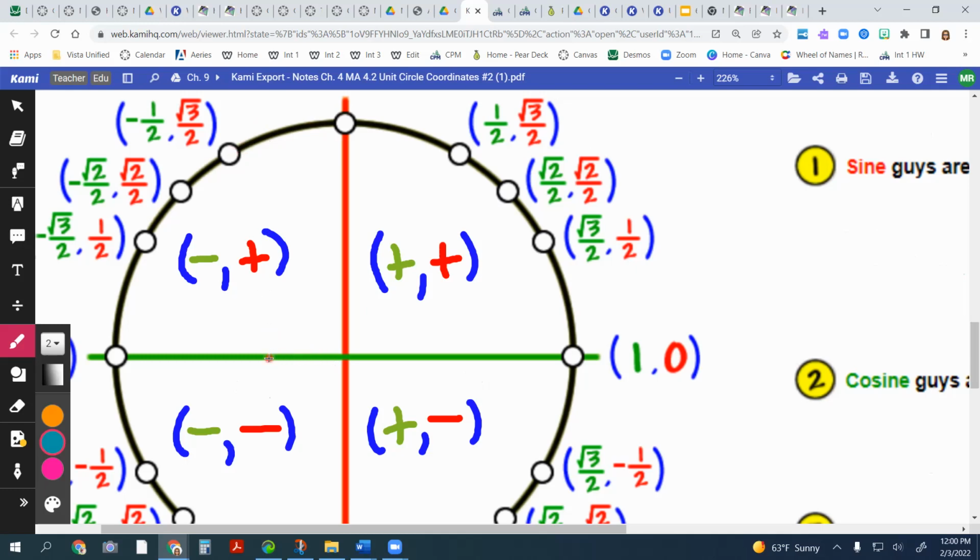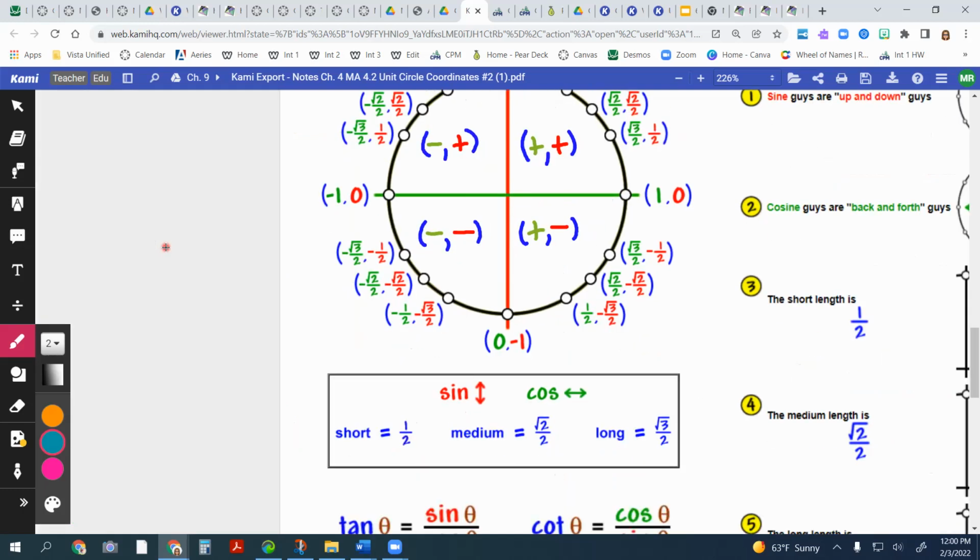I'm moving short, comma, long. Short, comma, long. Where this one here, I'm going long, comma, short. Long, comma, short. Every time I say long, I'm thinking √3/2. Every time I say short, I'm thinking 1/2. Okay? That's kind of how I think about these things.